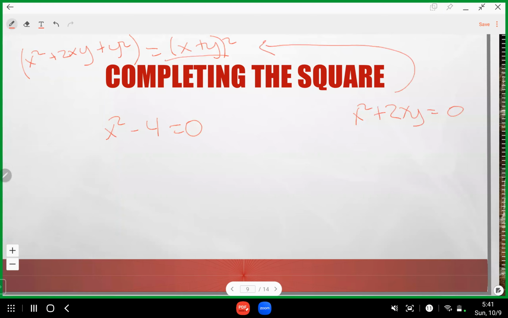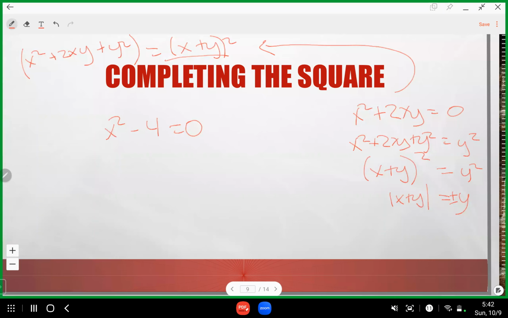You add y squared to both sides, so x squared plus 2xy plus y squared. Then you get x plus y squared is equal to y squared. Then you can square root that, so the absolute value of x plus y is equal to y.